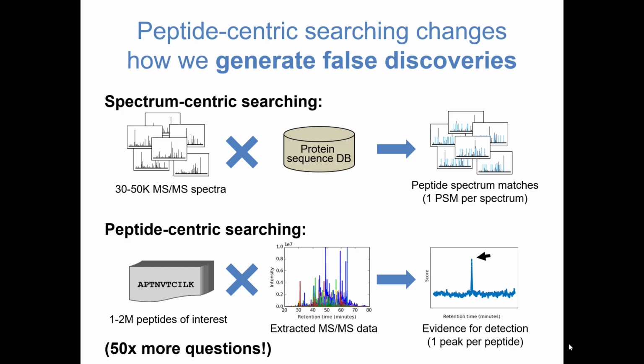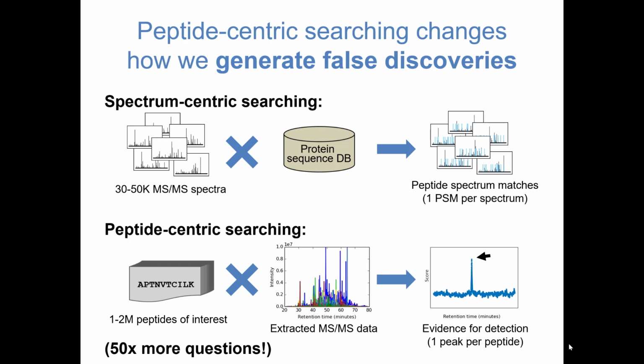So if the thing that matches it isn't in the database, we might assign that spectrum to the wrong thing. There's no equivalent in peptide-centric searching. We go in, look at all the data, and ask, did we see it? And there's no exclusion, right?